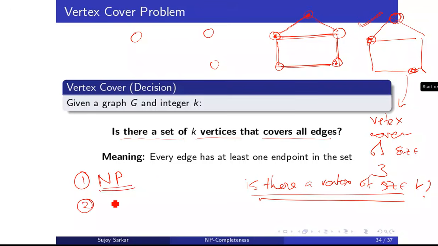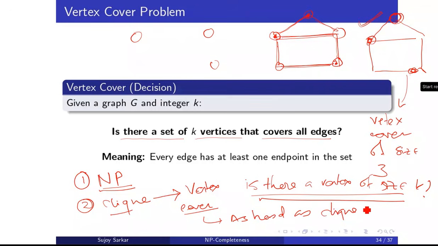Second, we can take the Clique problem and reduce it to the vertex cover problem, and that way we prove that vertex cover is as hard as Clique. Because of these two, we can infer that vertex cover is NP-complete.